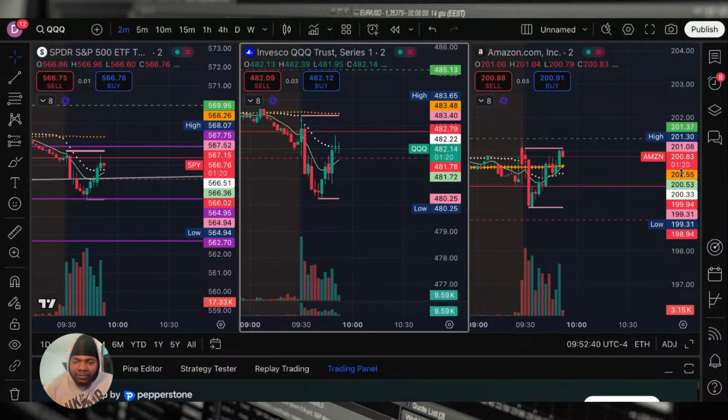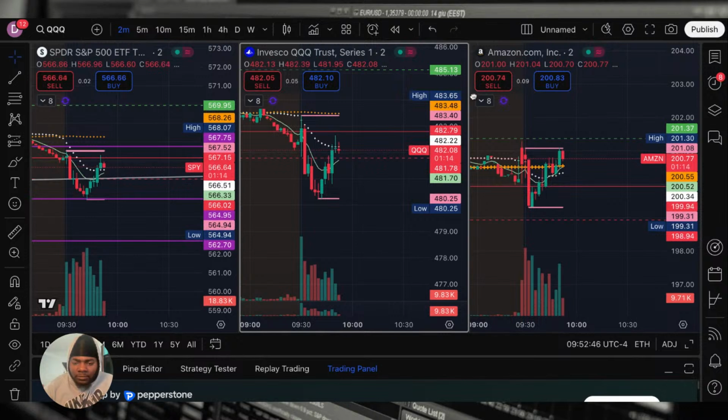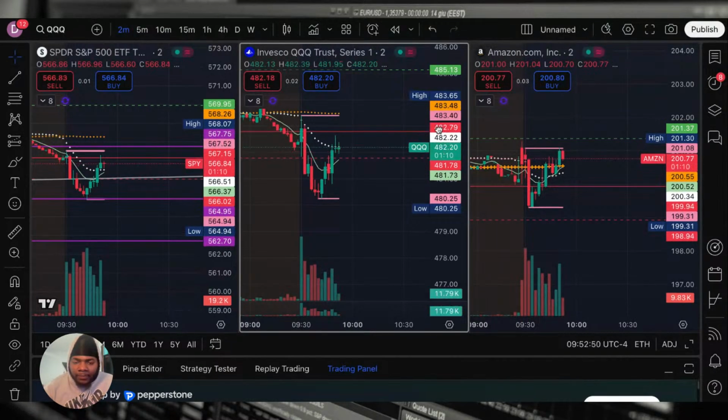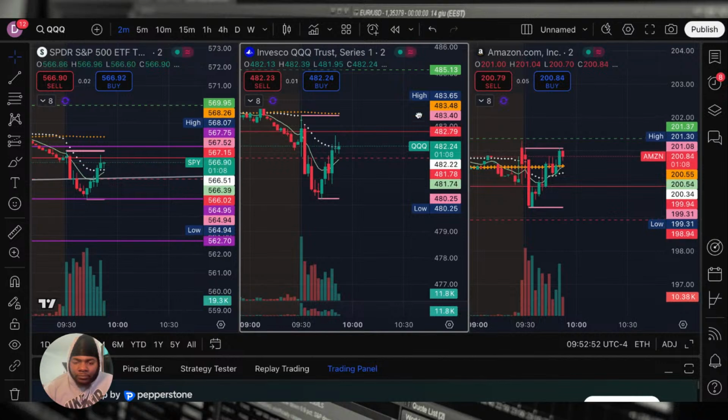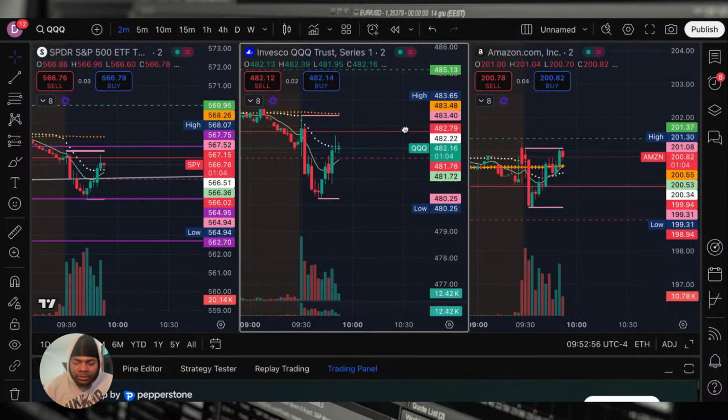So most everything rejected the lows. Now we're moving toward the top of ORB. I like Meta towards the upside.